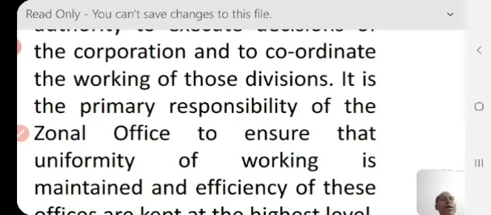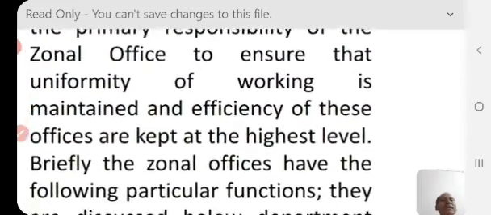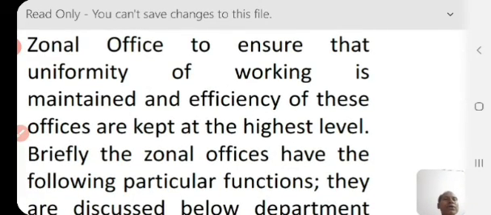It is a primary responsibility of the zonal office to ensure that uniformity of working is maintained and efficiency of these offices is kept at the highest level.